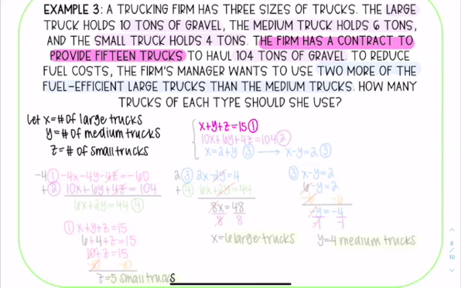The next thing we have is the amount of gravel that each truck can hold and the total amount we were going to use. So the large truck holds 10 tons of gravel.